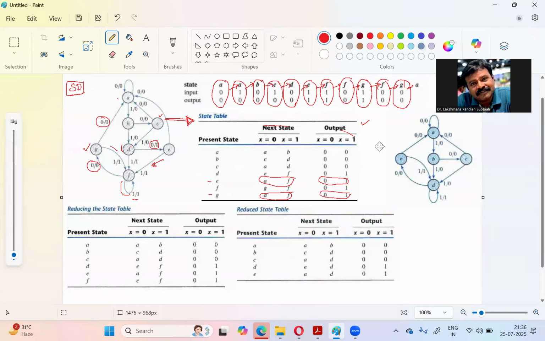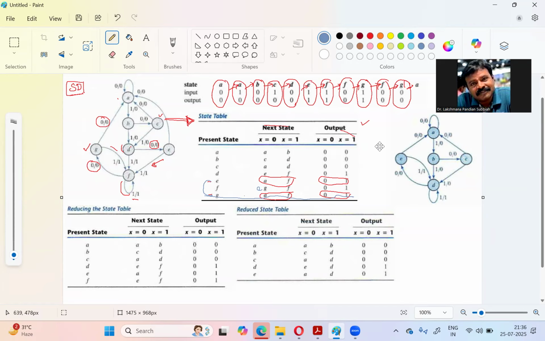You have to remove one state. See, these two are actually can be merged together. These two. And then we remove that G. So you remove that G and then wherever we are having G, we have to replace that one by E.